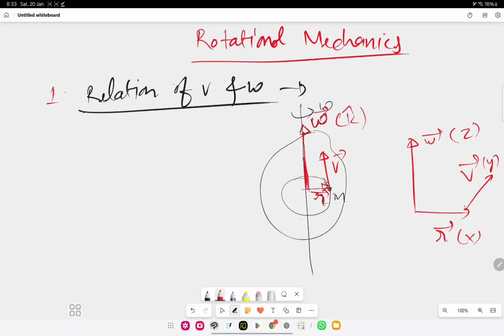Right now it is coming along the y direction. Your four fingers of the right hand are along the z direction, then curl them towards the x direction. Your thumb is coming along the y direction. So we can say that omega cross r is equal to v. Therefore this is the relation of V and omega.